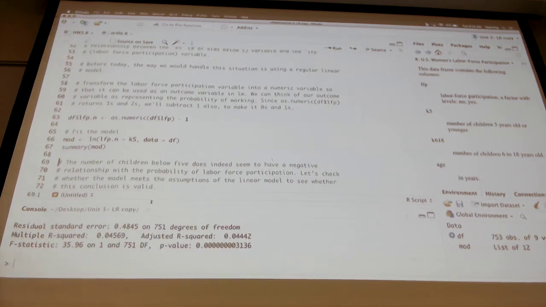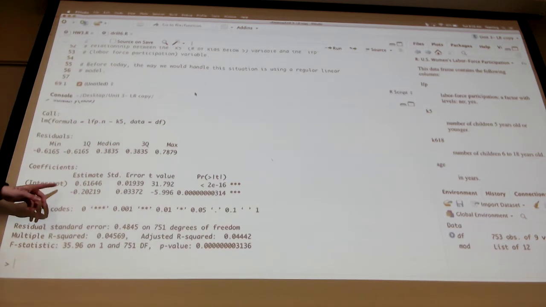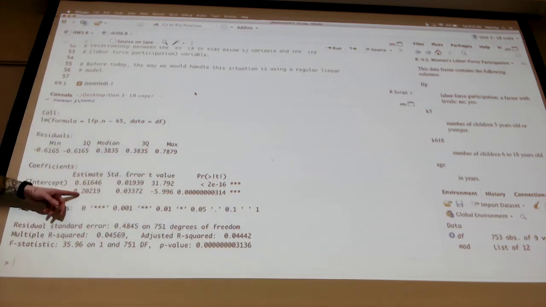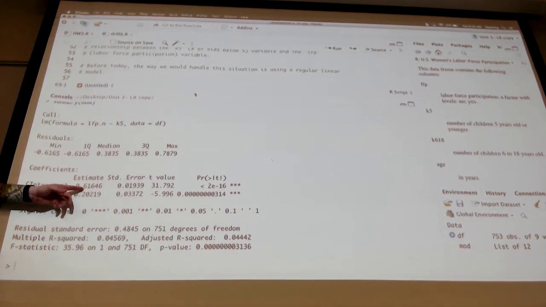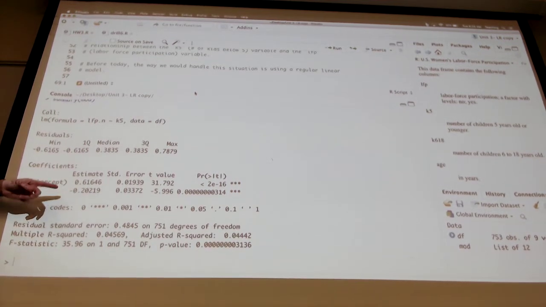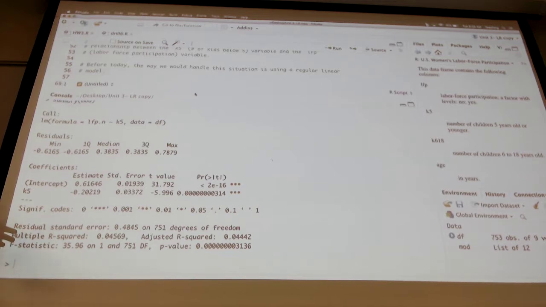We run our regression, right? And then we say, oh yeah, this is crazy significant. Look at this. The labor force participation for women with 0 kids is 0.61, and for each additional kid, it goes down by 0.2. Just how you would interpret a normal regression output.